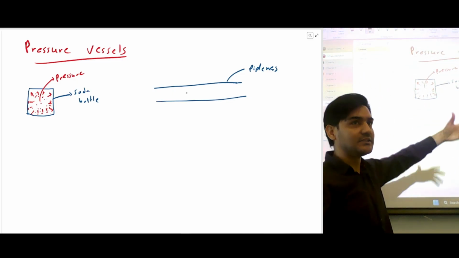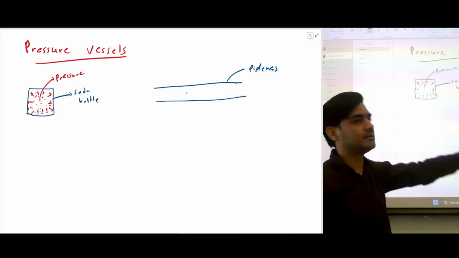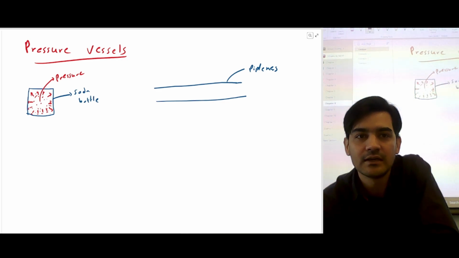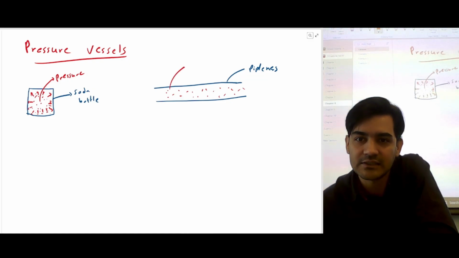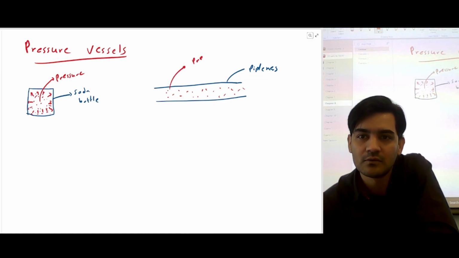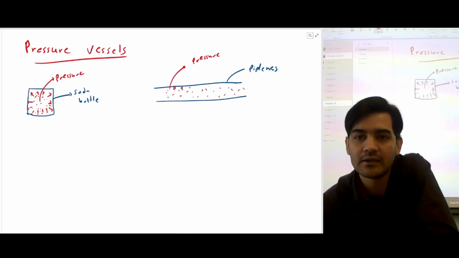Pipelines are also special members which carry liquid and gas, for example gasoline or pressurized gas. This pressurized gas, because of the pressure, is gonna apply forces on the pipelines.